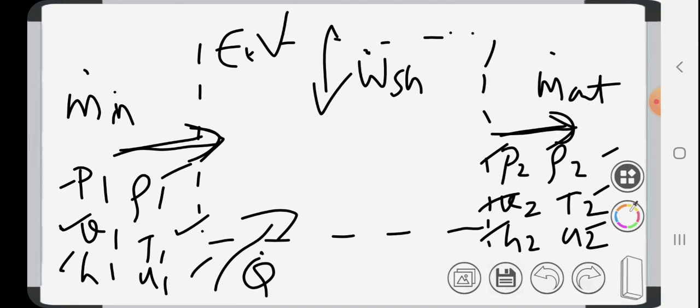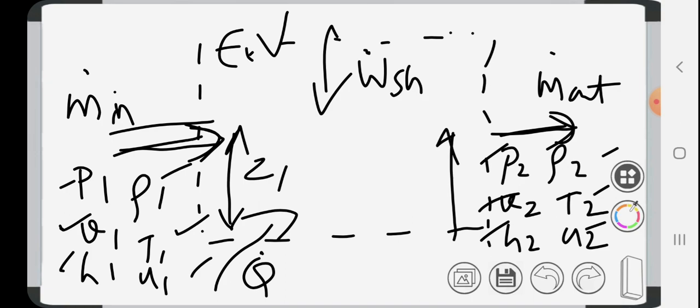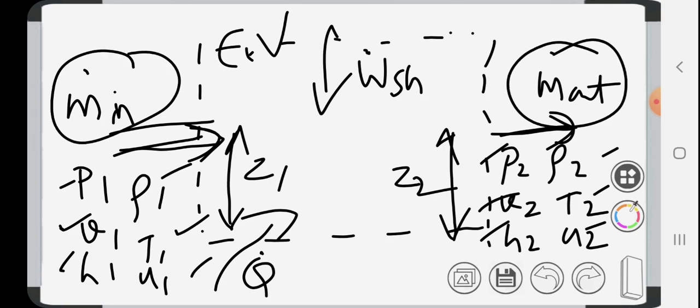Now let the input be at a height z1. Okay. Output be at height z2. Okay. So we are deriving an equation for steady flow. Since flow is steady, m dot in and m dot out will be the same.